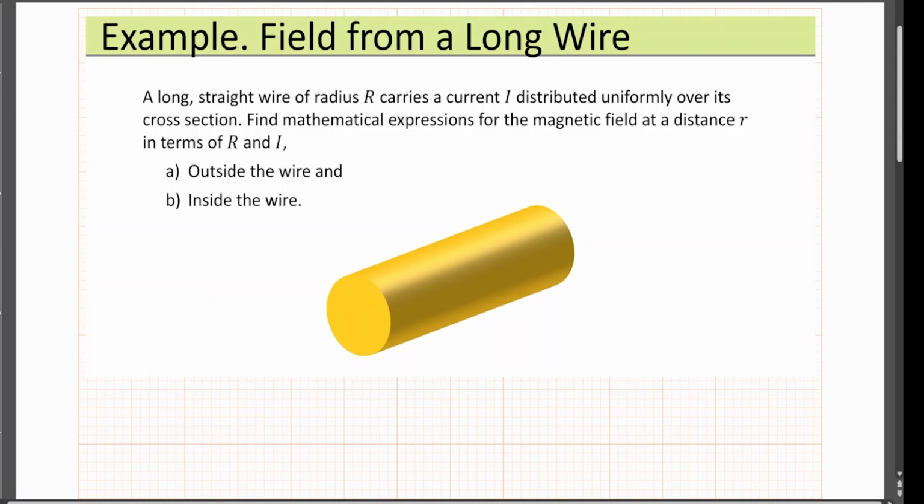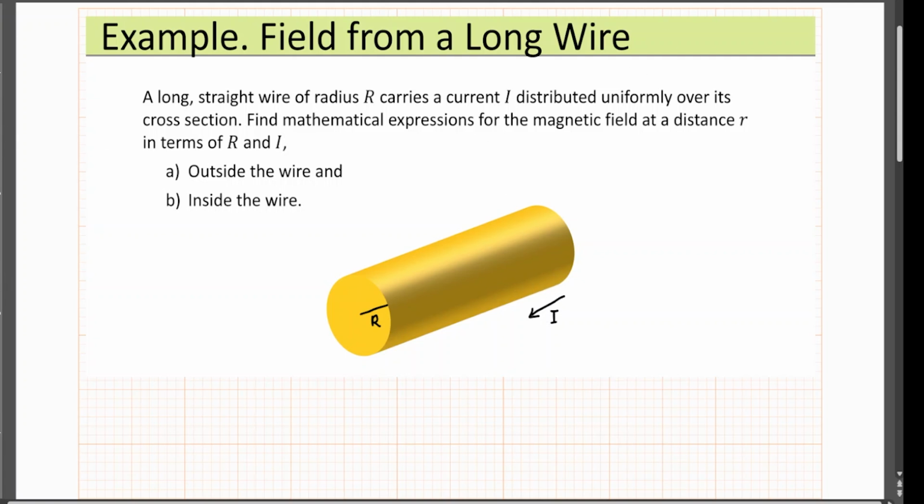As a practical example of the application of Ampere's law, we will find the magnetic field inside and outside of a straight wire of radius r that carries a current distributed uniformly over its cross-section. We assume the current is directed perpendicularly out of the page.